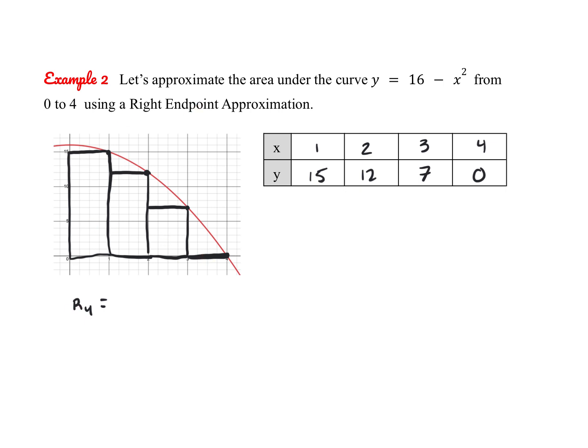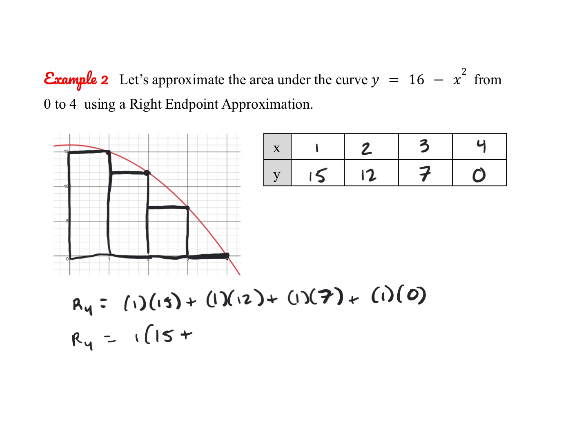So we have the width 1 times height plus the width times height, width times height plus the width times the height of our last rectangle. And again, this is just our uniform width times the sum of our heights. If we do this calculation, it is 34. So that's our approximation for the area under that curve.